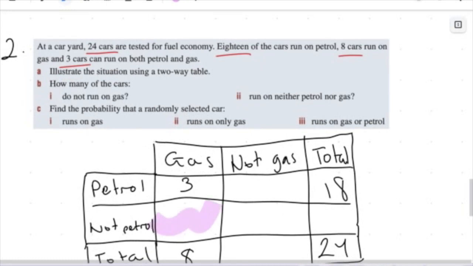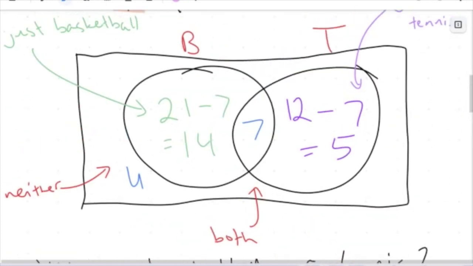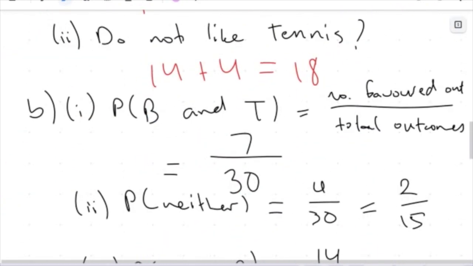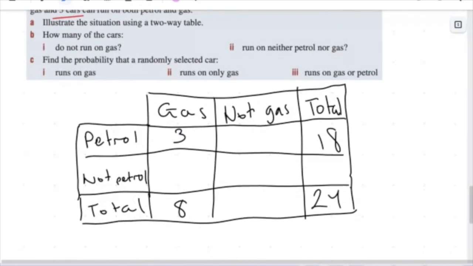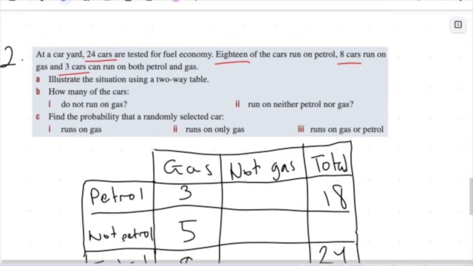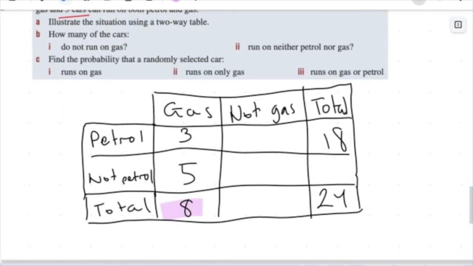This guy here represents my section, something like this on the Venn diagram, the one that is just one thing and not the other. So I have my gas here, and I'm looking for the amount that have gas but not petrol. So that is going to be 5, because my ones with both, as well as my ones with gas, add up to the total cars that run on gas, which is going to be 8 here.